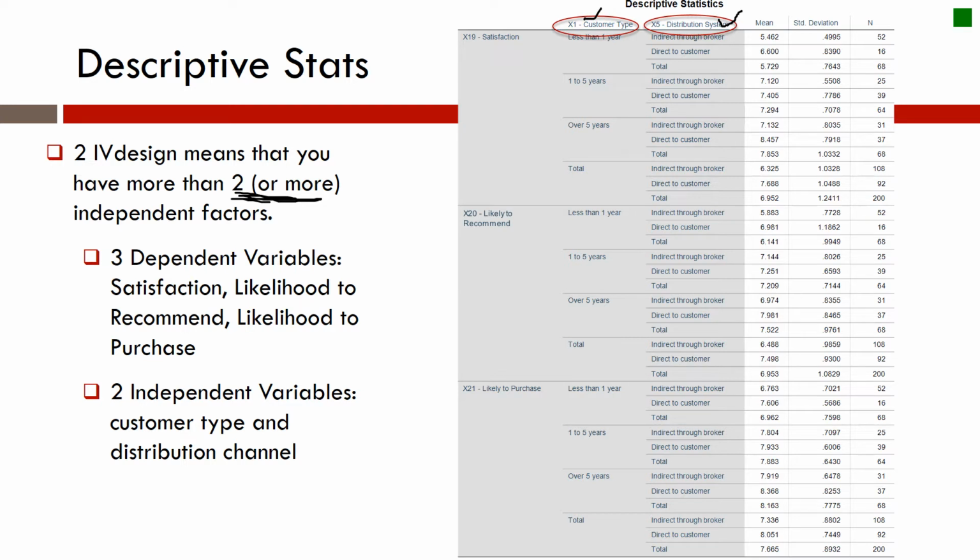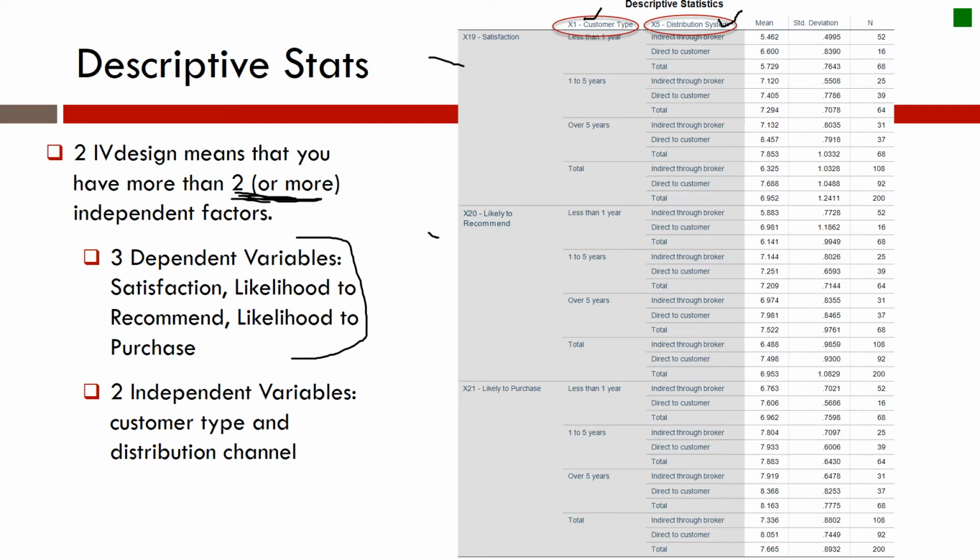So within SPSS and the multivariate method here, we can ask for descriptive statistics. In this case, we have three dependent variables: satisfaction, likelihood to recommend, and likelihood to purchase.